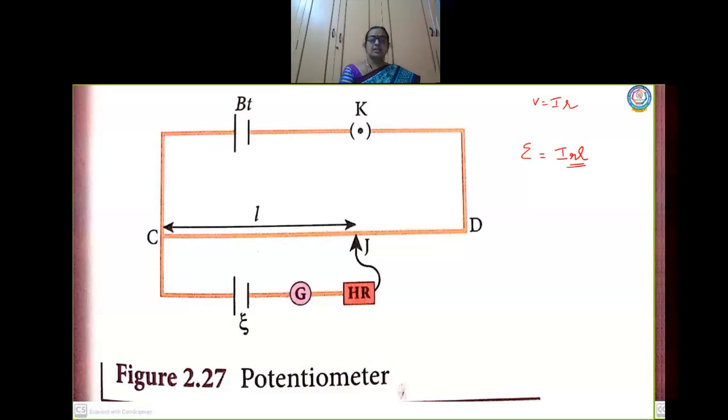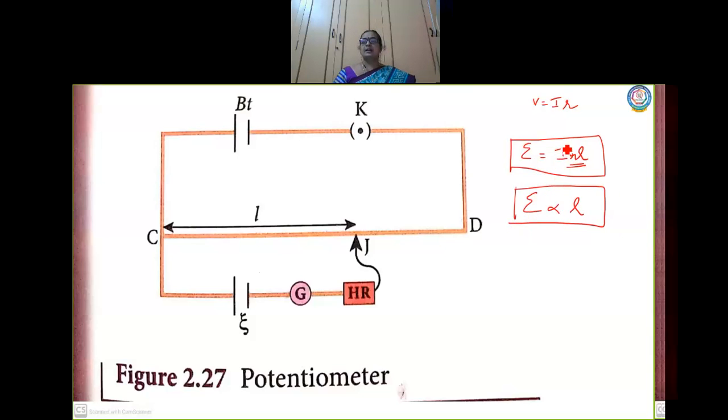So the potential difference across this Cj will give the value of the EMF of the cell, determined by the formula psi is equal to I into rL. So this EMF has a direct dependence on the balancing length, where psi is proportional to L. I is constant, r is also constant. So this value of potential difference depends on the balancing length of the wire.